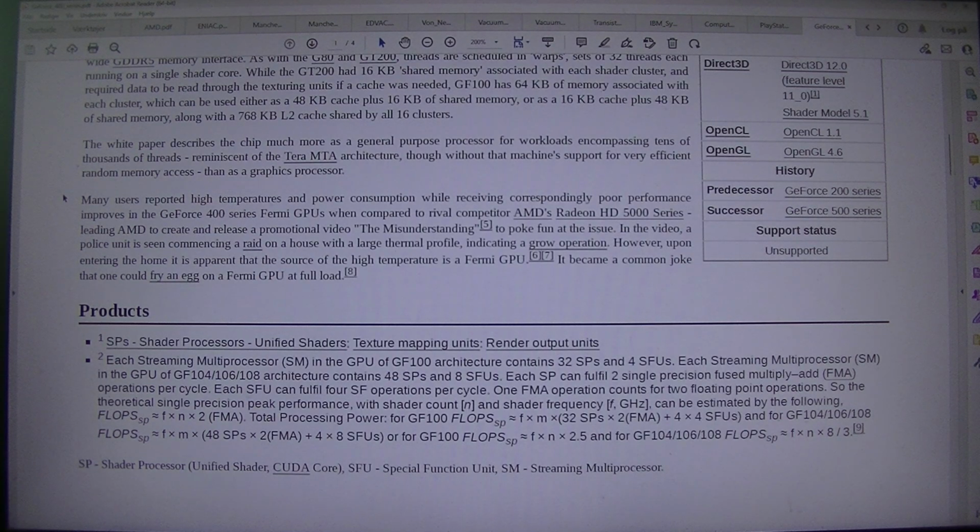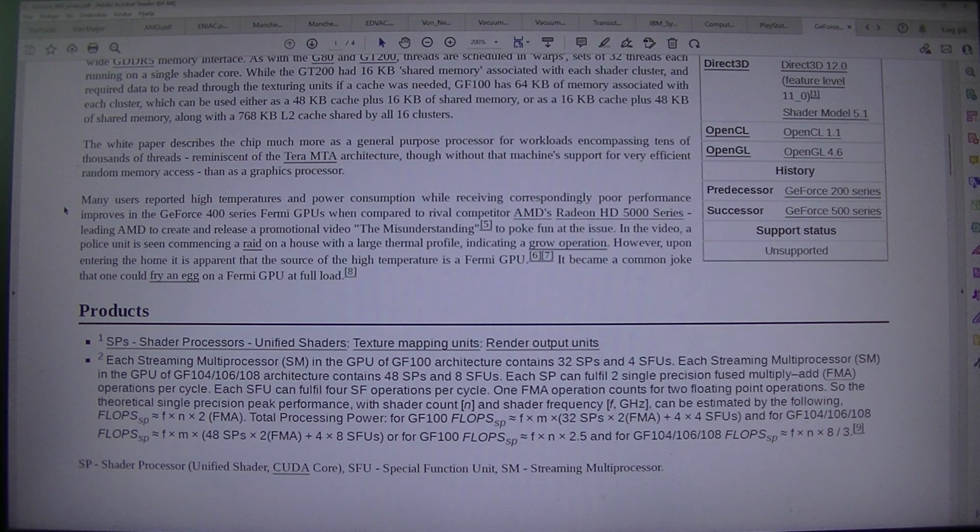Many users reported high temperatures and power consumption while receiving correspondingly poor performance improvements in the GeForce 400 series Fermi GPUs when compared to rival competitor AMD's Radeon HD 5000 series, leading AMD to create and release a promotional video, The Misunderstanding, to poke fun at the issue.